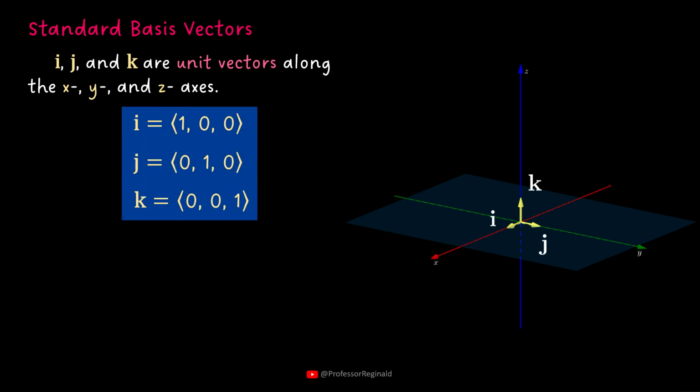These unit vectors have 0 components along the other two axes.